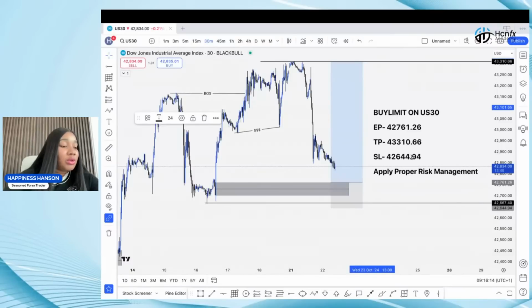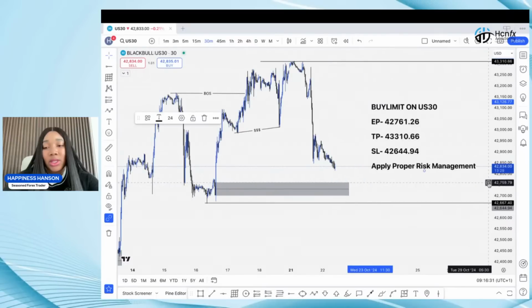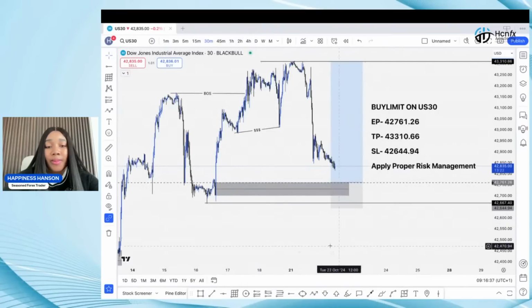All right, guys, so this is the setup we have on US 30. You can go ahead and place your pending order. We have every reason to buy once price gets here. So I'm also going to put an alert here so that once price gets there, we'll be notified.